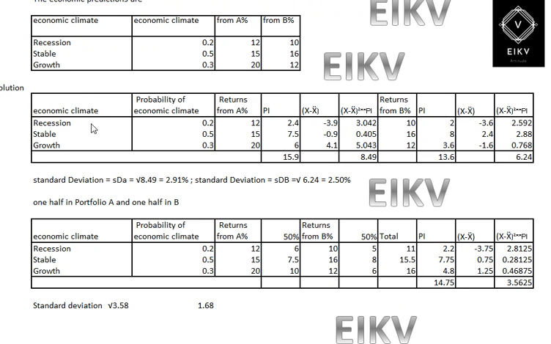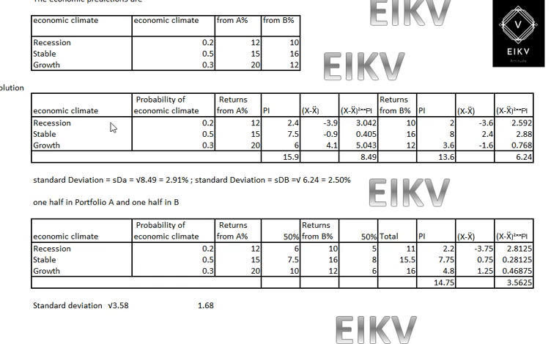Going ahead with the solution, we have a table for the computation of risk as well as return. First we will compute the risk of the portfolio. They have required us to compute the standard deviation of individual A and B, as well as the combined AB.